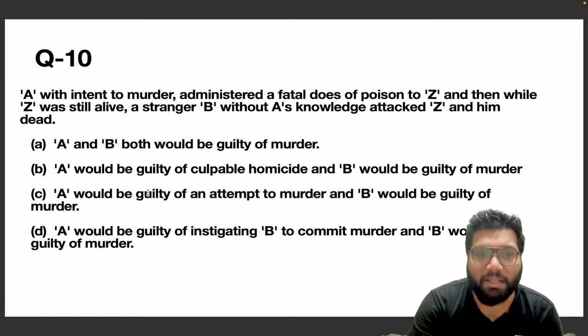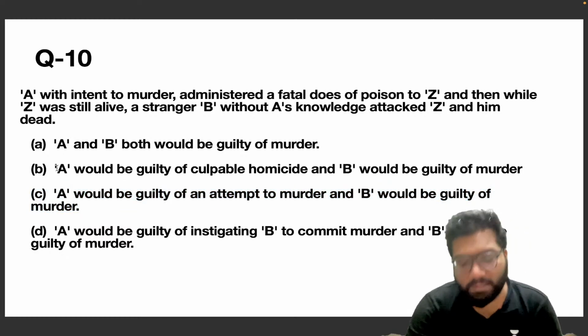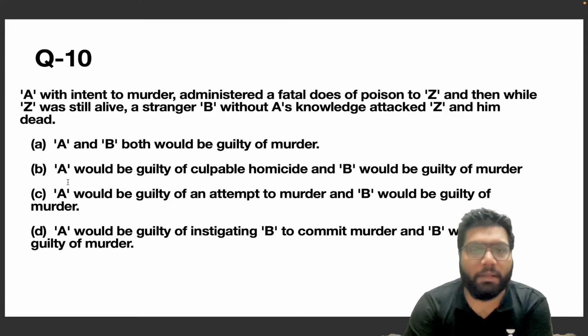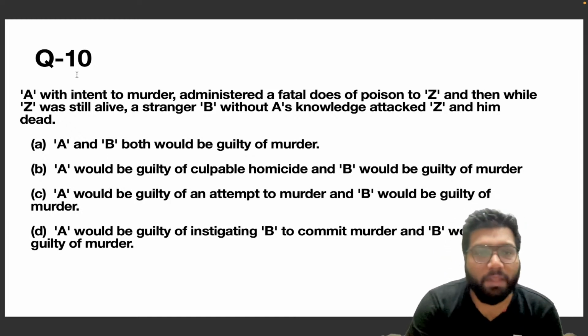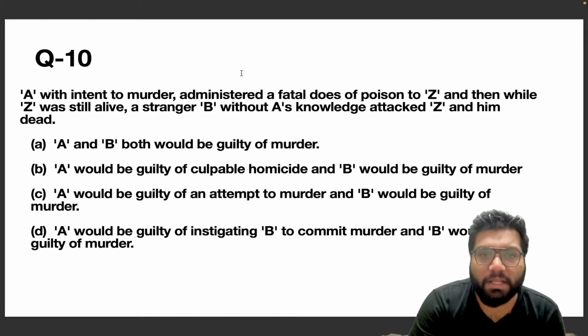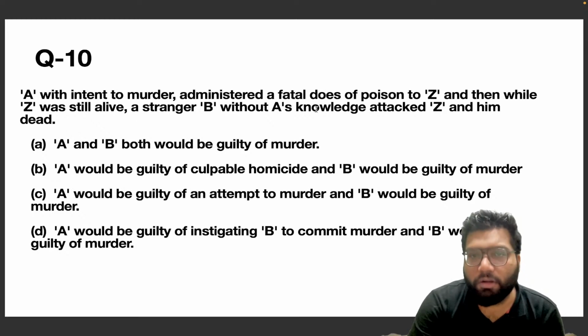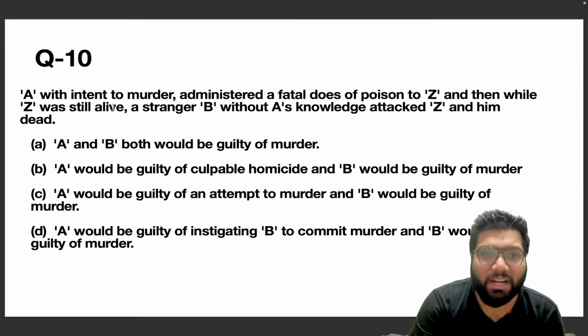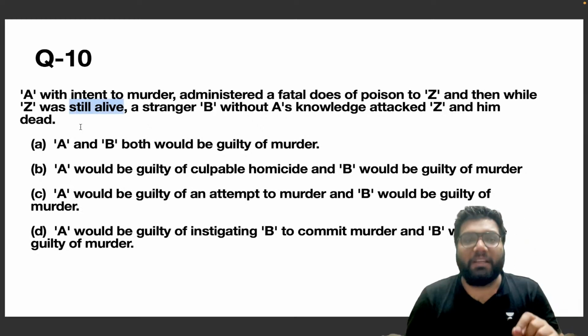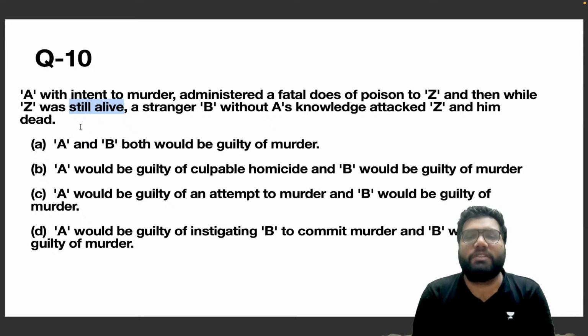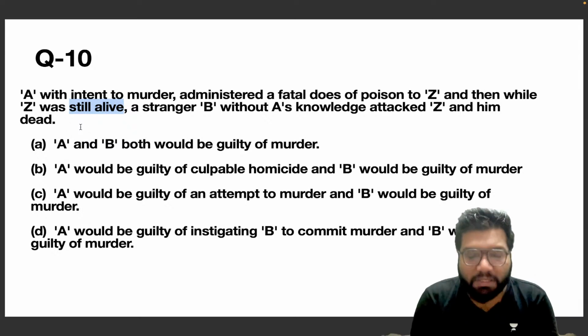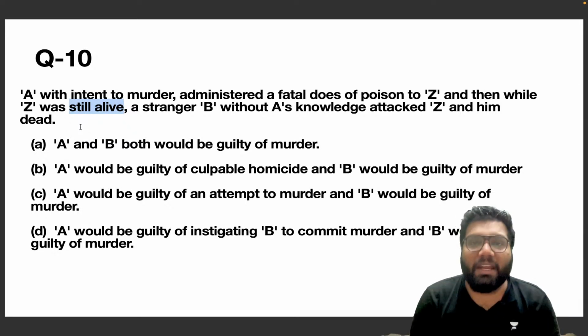Now coming to the reason why the answer is not B. Millie, listen carefully. A, with the intent to murder, administered a fatal dose of poison to Z, and then while Z was still alive. See, this is the reason. If after the poison also Mr. Z was still alive, it means it cannot be culpable homicide.